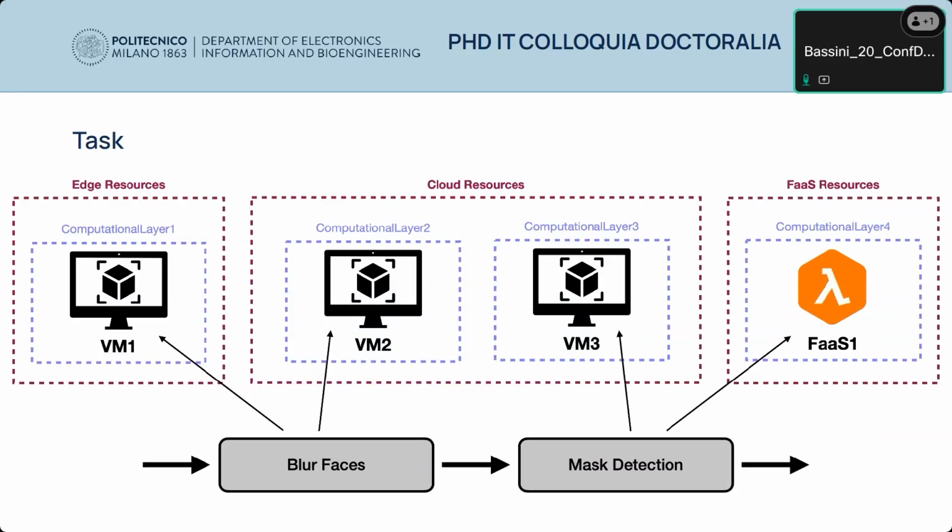One is the one made of edge resources, and we call it computational layer 1. Then going to the cloud, we have computational layers 2 and 3 with virtual machines, while then we can have Lambda instances on AWS, for example, and those are function as a services resources.